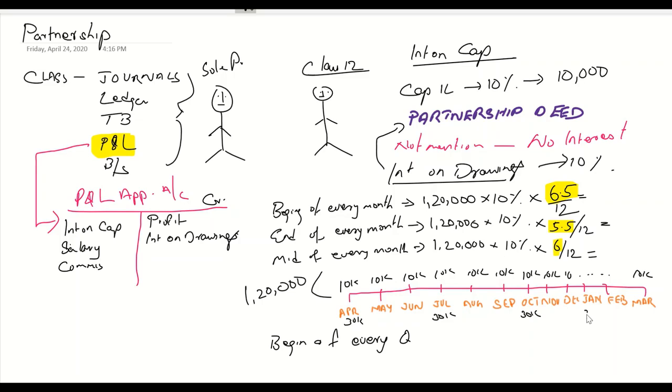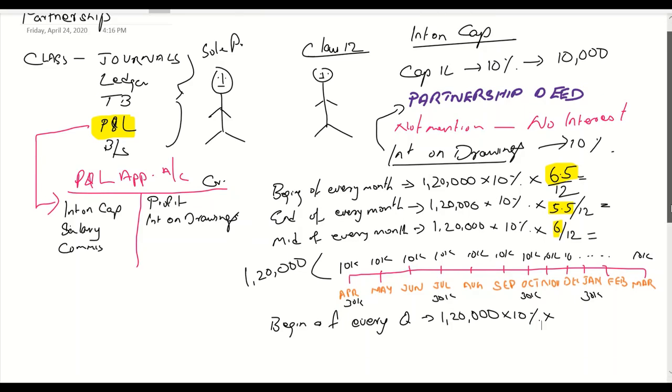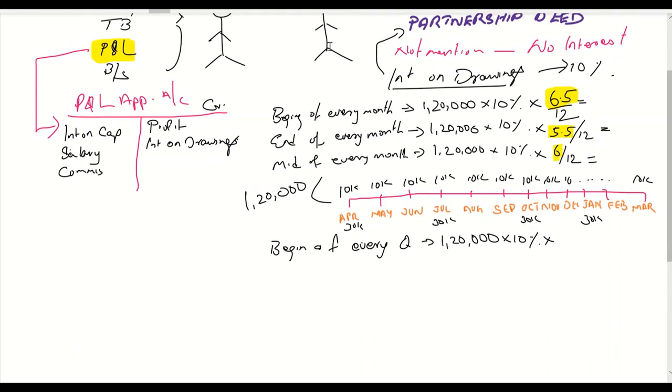Then after 3 months in January he made a withdrawal of 30k, at the beginning of every quarter. So in this case also we will calculate interest on 1,20,000 multiplied by 10%, and for how many months? It will be 7.5 months. Interest will be calculated for 7.5 months.